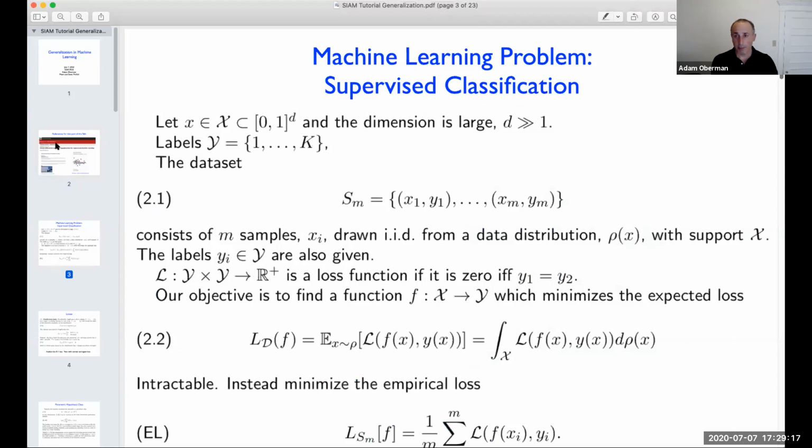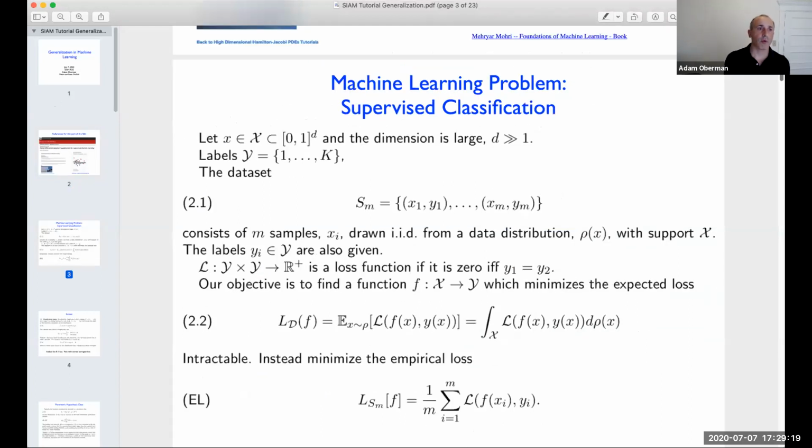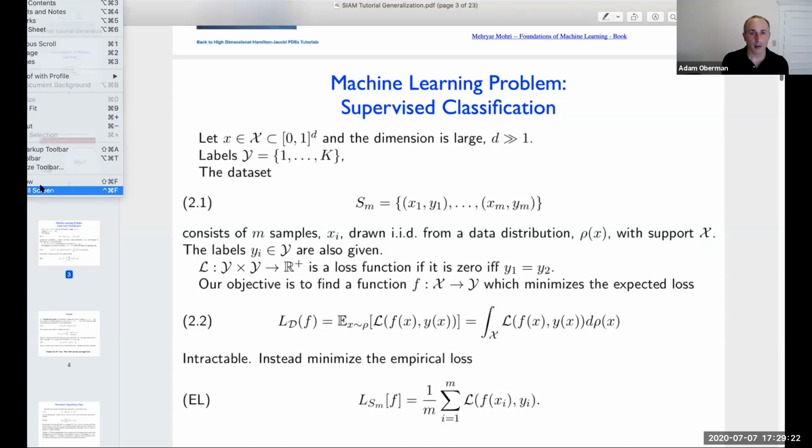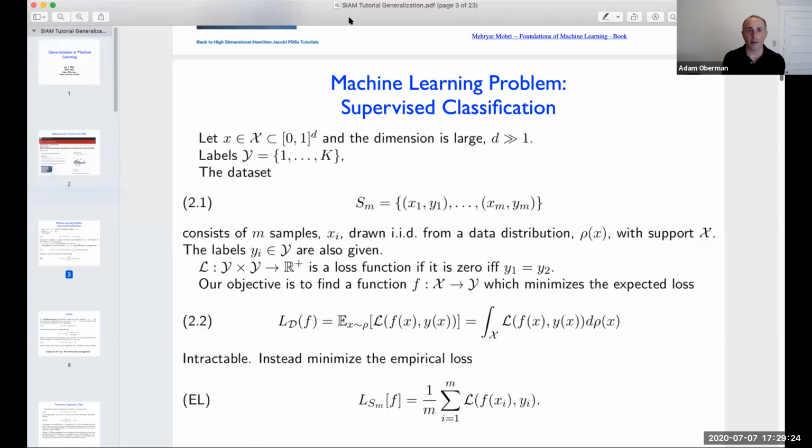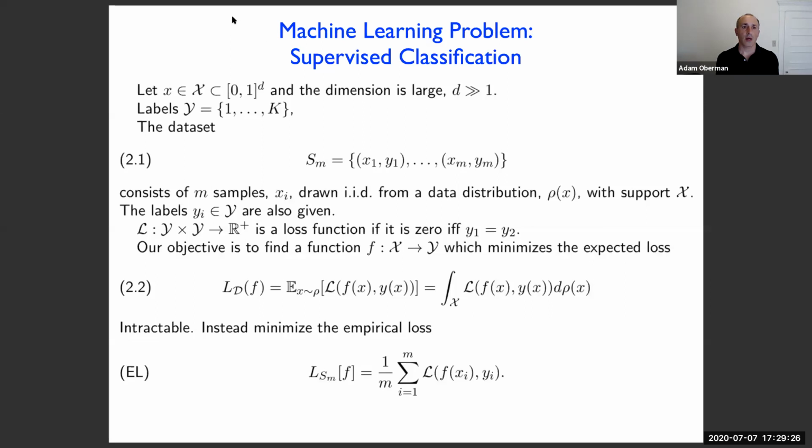I'm going to repeat a little of what I said before, but I think it's okay to have a little repetition and go over some of these definitions of supervised classification. We have a data point, which is, let's say, an image in R^D, where D can be 300 or 1,000 or more, and K labels.